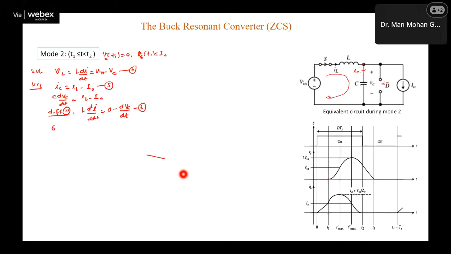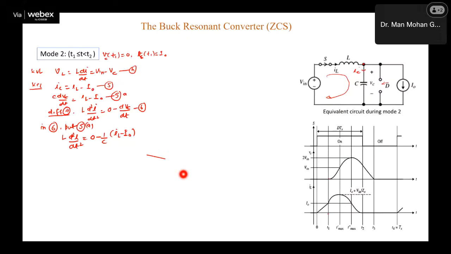If I put 6 in 5a, what I get? L d2I upon dt2 equal to 0 minus dVC upon dt. So minus 1 upon C (IL minus I naught).